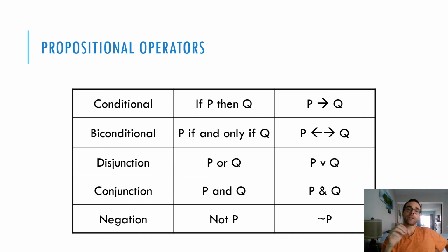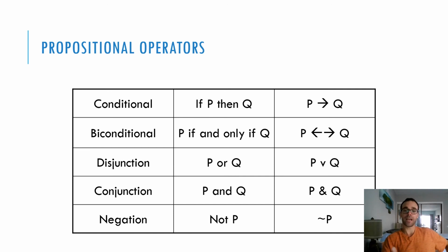Now, if we're looking at a conditional statement, but rather than the antecedent being sufficient for the consequent and the consequent being necessary for the antecedent, both are necessary and sufficient of one another, then we would get a biconditional. And biconditionals are typically expressed with if and only if claims.